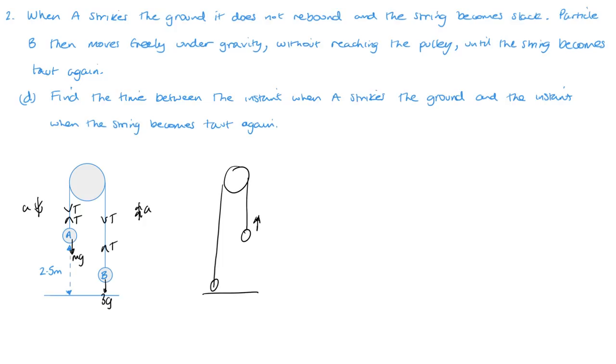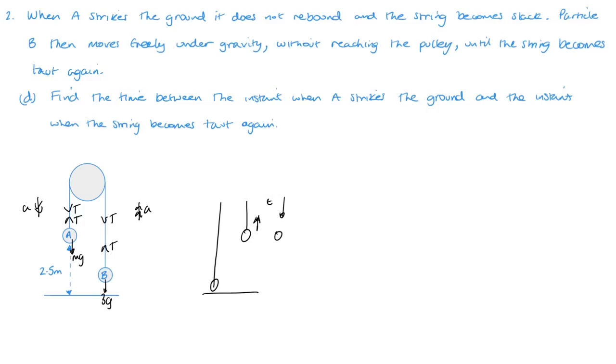So we'll find the time between this point and the point it reaches its maximum height, where v equals 0, and then the time dropping back down will be the same, so we'll double the time in the end.